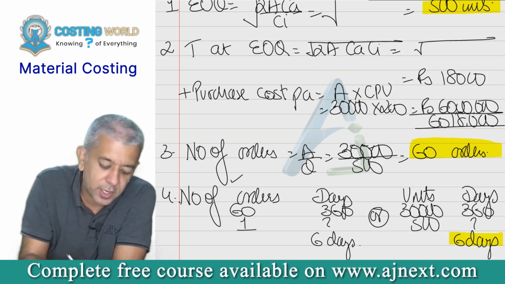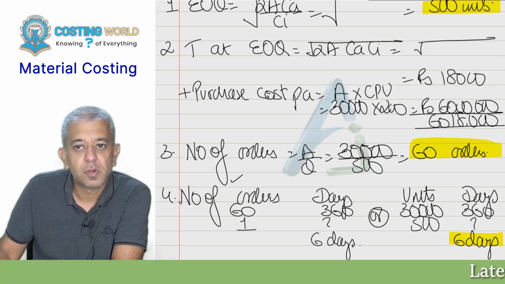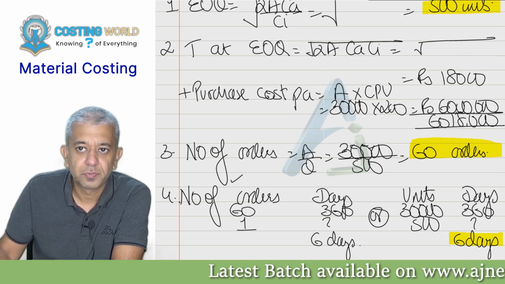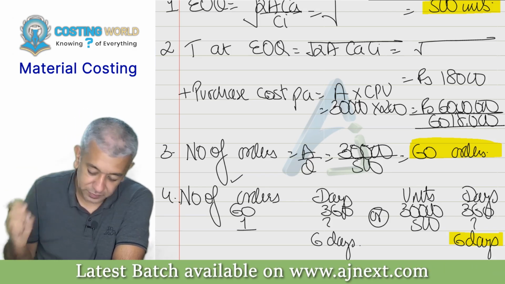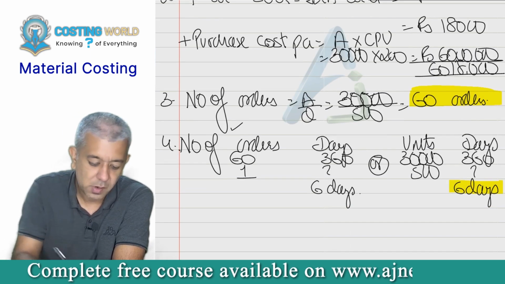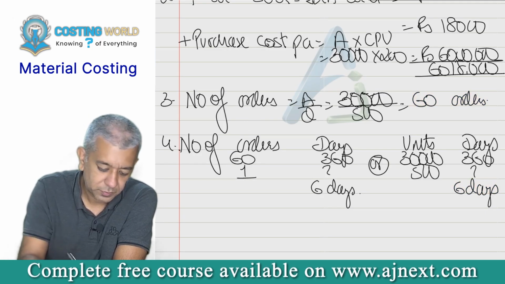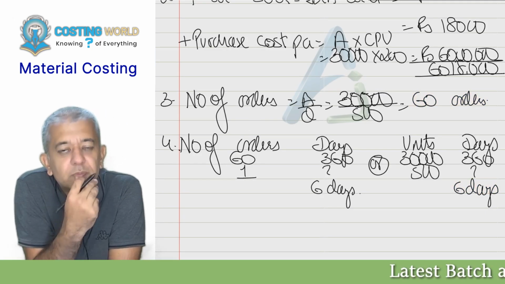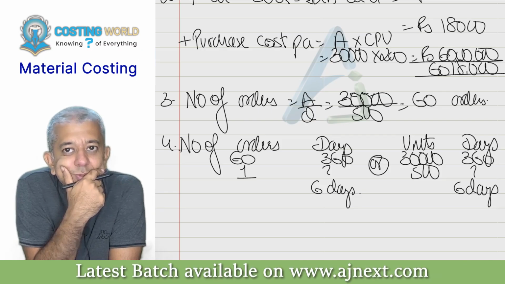In your notebooks, write down part 4 and write down: assuming 360 days in a year. Compute please.